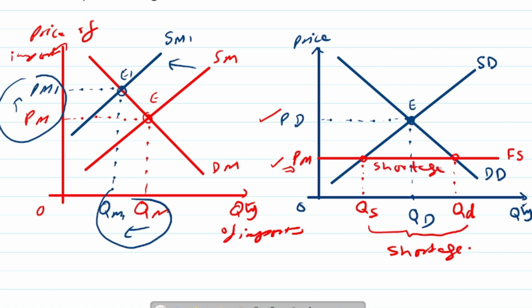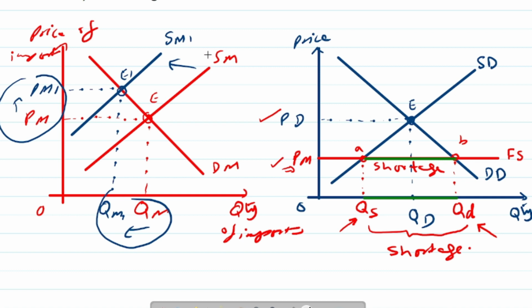So shortage is from point A to B. Okay, so this shortage is satisfied by importing goods from other countries, because domestic suppliers are only supplying QS quantity, but domestic consumers are demanding QD quantity of goods. So demand is greater than supply. When demand is greater than supply, then the extra demand is met through imports. So the volume of imports is initially from A to B, or from QS to QD.